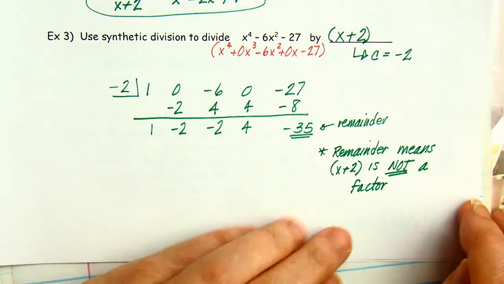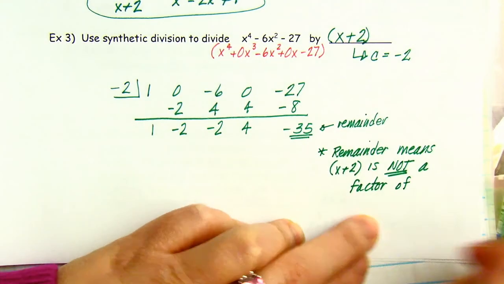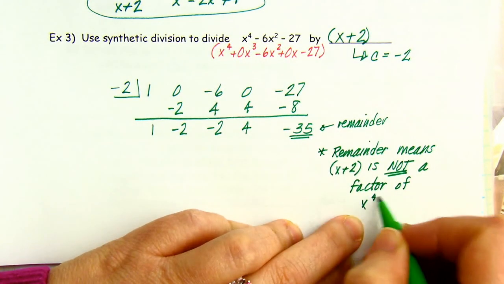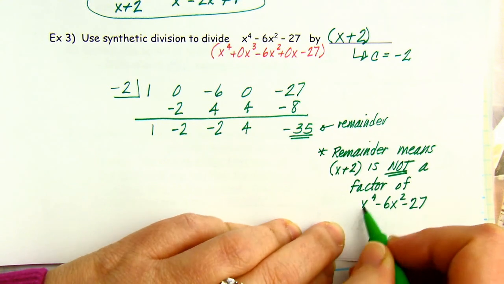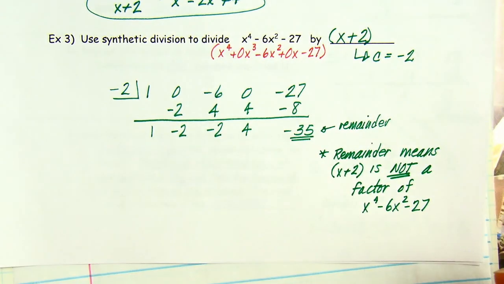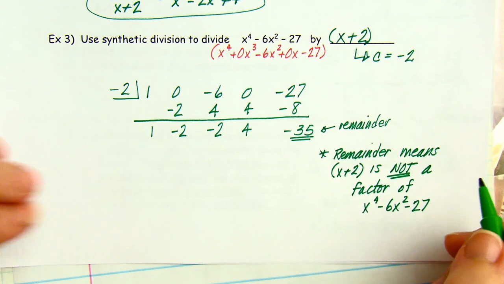It's not a factor of the polynomial x to the power of 4 minus 6x squared minus 27. But that's okay. I can still give the quotient.